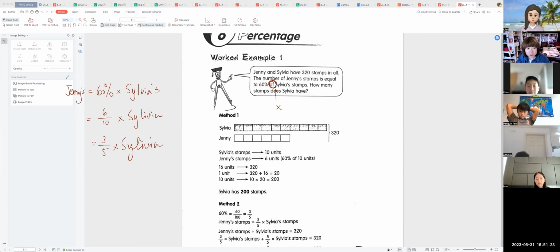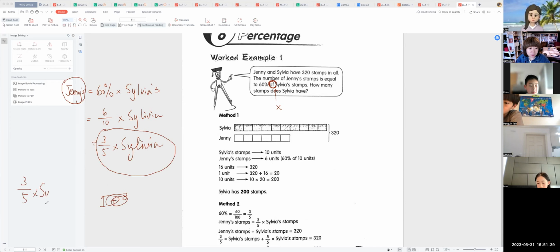Correct? Okay, so Jenny's stamps exactly equals 3/5 of Sylvia's stamps. So Sylvia's is of course having 1, right? So 1 plus 3/5, so Jenny is 3/5 times Sylvia's.